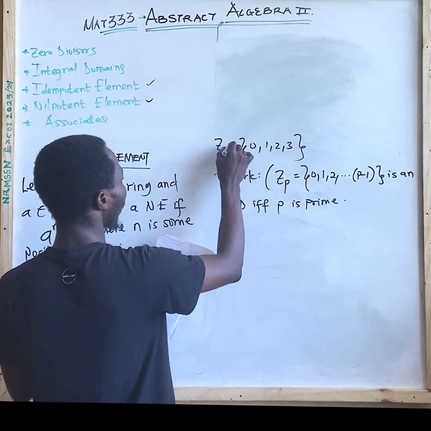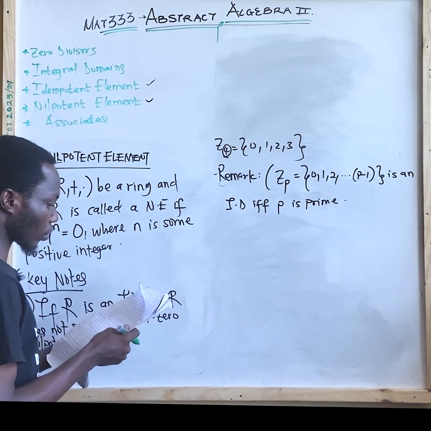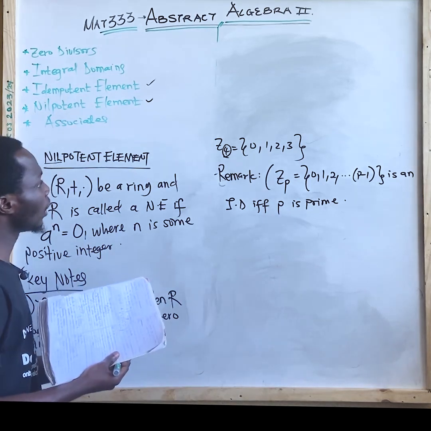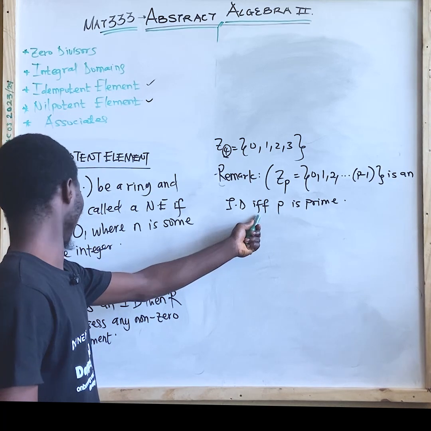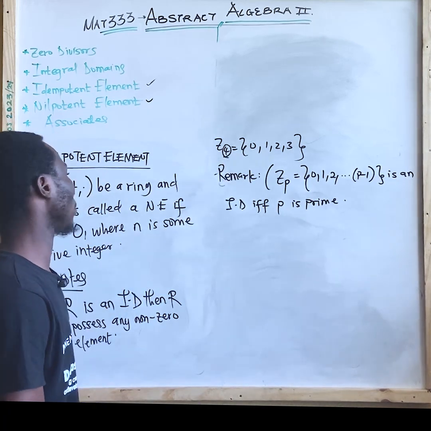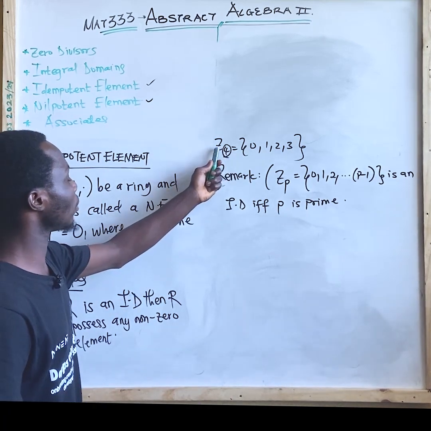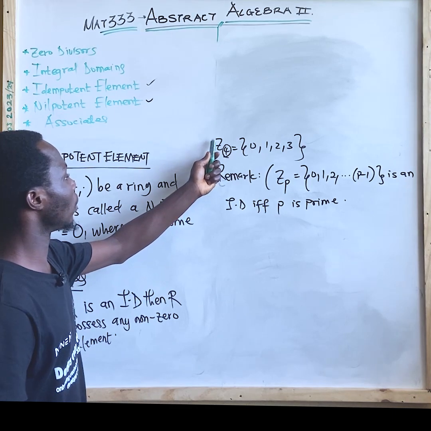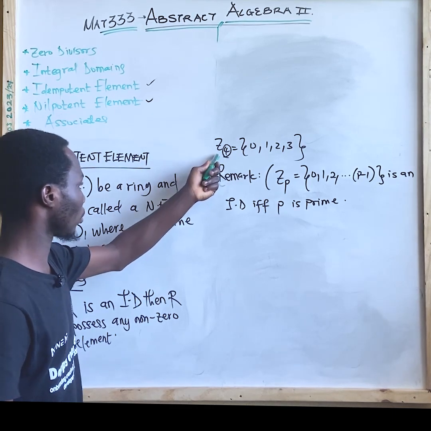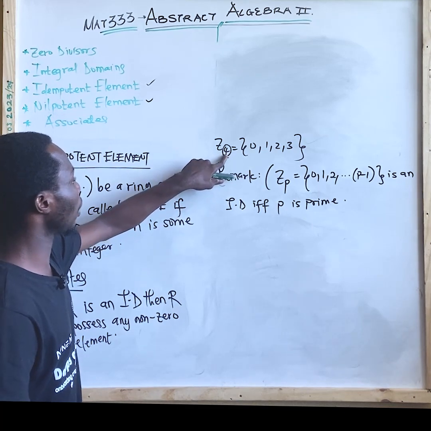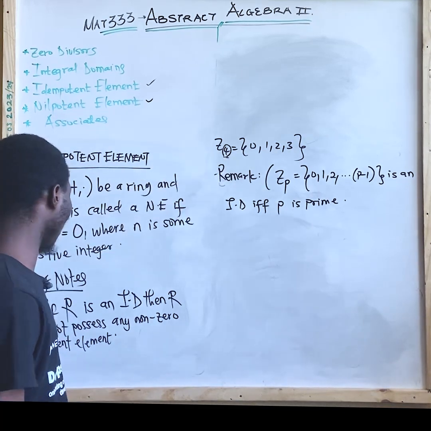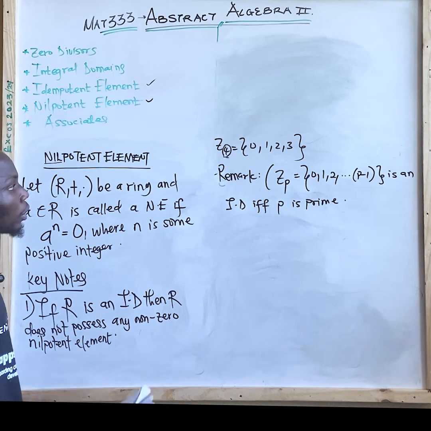So I gave Z4. Now if you look at 4, this is very key. 4 is not a prime number. So anytime you are given an integer domain like this, and you are checking the domain you are given, which is 4, if it's not prime, then it possesses no nilpotent element.